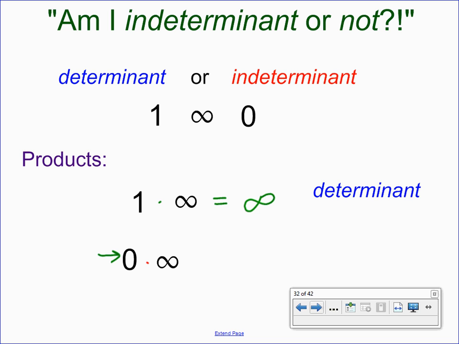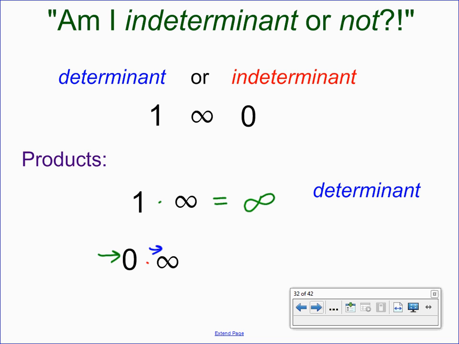Who's shrinking more quickly? Consider the growth of e to the x versus x squared. If that first quantity is approaching 0 more rapidly than the second quantity is approaching infinity, it's going to win out and pull this overall value towards 0. However, if the second quantity is approaching infinity more rapidly than the first quantity is shrinking, it's going to win out and pull the value towards infinity.